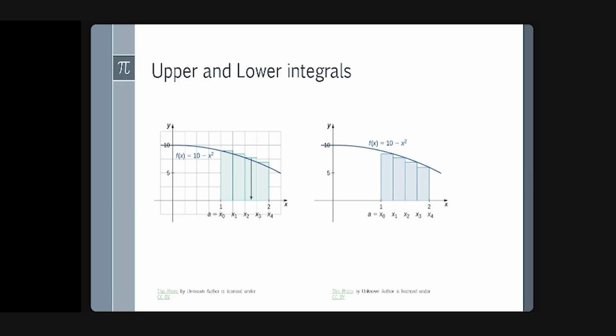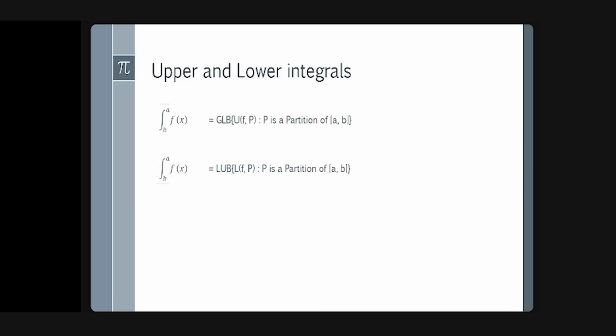Any answers? So my best candidate must be the greatest lower bound, right? I'm pulling it down to the least value it can go to, right? And I'm defining my upper integral as the greatest lower bound of the set of all upper sums.